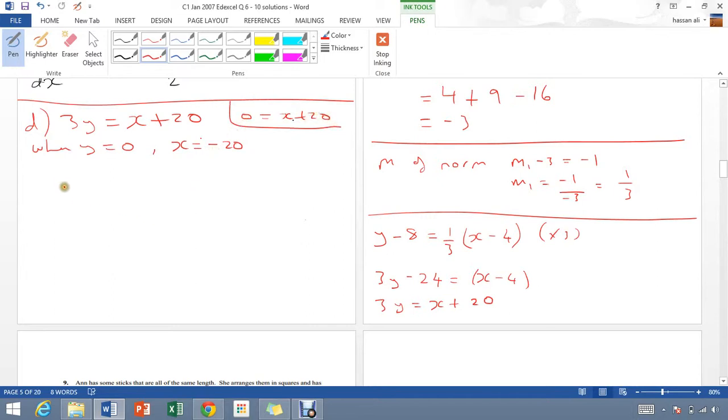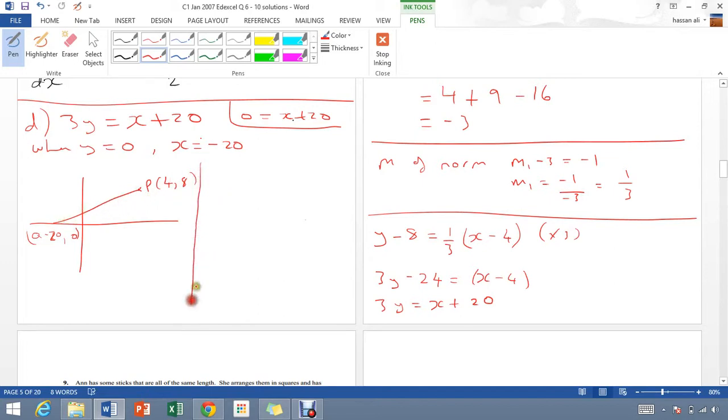So if we just draw this out so you have a rough idea of what you're looking for, it's not to scale, you'll probably have a line like this. Let's say that's your point Q, minus 20 and 0. And this is your point P at 4 and 8. So we have to find this length over here.